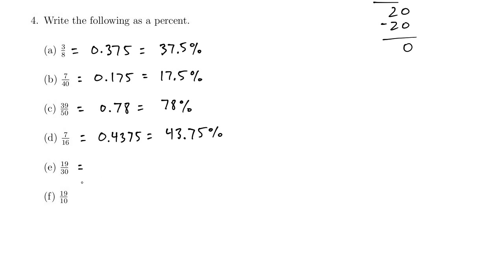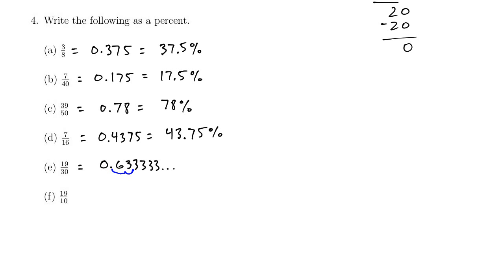Okay, let's see. This one is a little different. If you divide 30 into 19, you get, let's see, 0.63 repeating. So the 3 repeats here. Okay, and here if we move the decimal point 2 places to the right, let's see here, so 1, 2.